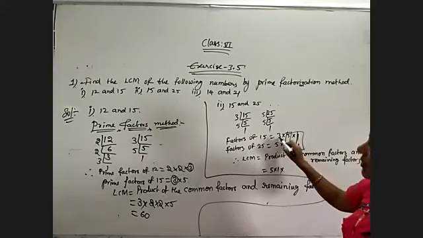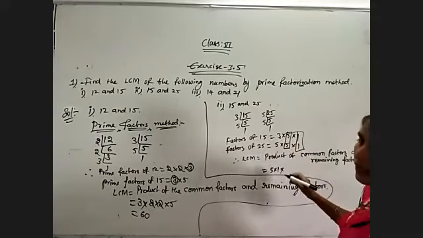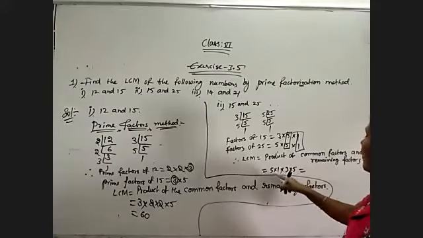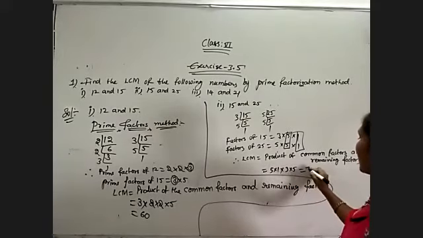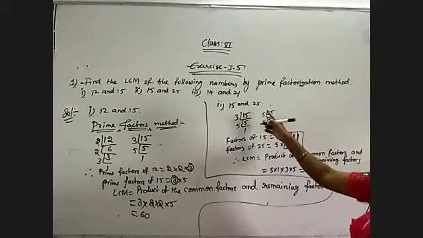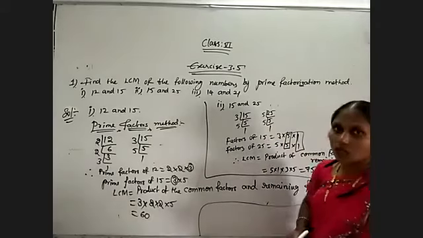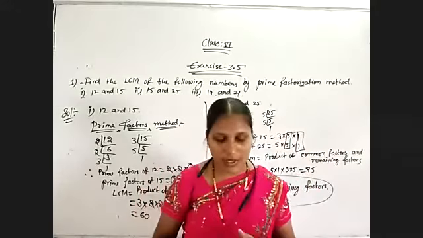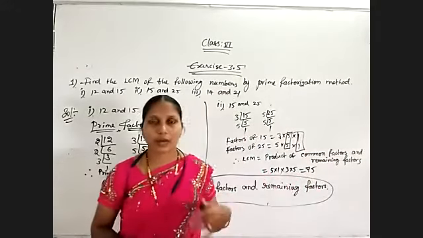The remaining factor in the first number is 3 and in the second number is 5. So 3 into 5, which is equal to 5 threes are 15, 15 fives are 75. So what is the LCM of these two numbers? 75.